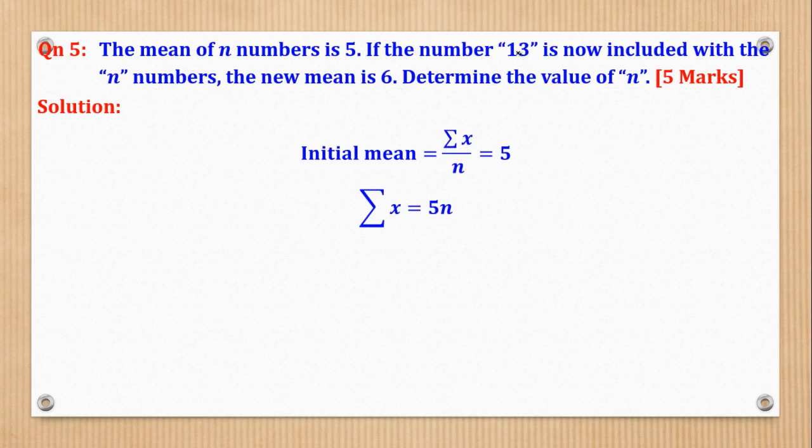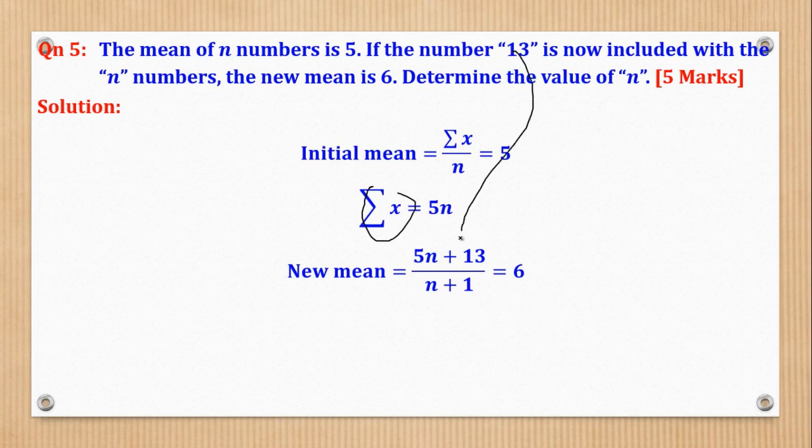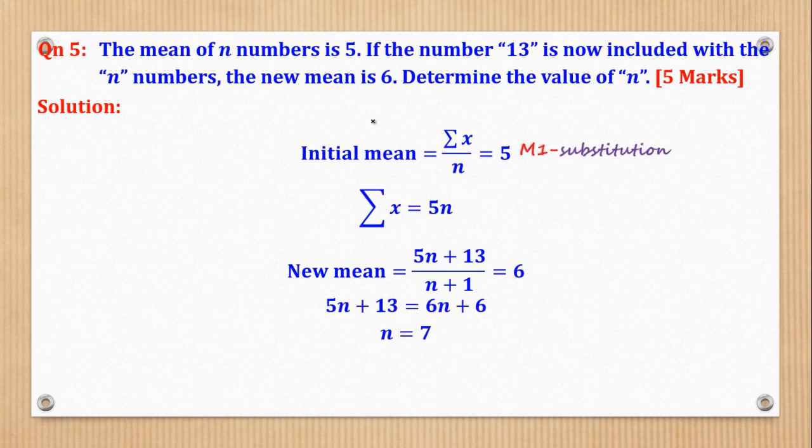Then they said when number 13 is added, so the new sum will be this summation plus 13, which gives this, and the new number of terms will be n plus 1, and the mean is equal to 6. So when I cross multiply, I'll come up with that, then collect like terms to get the value of n as 7, and that's what they wanted.